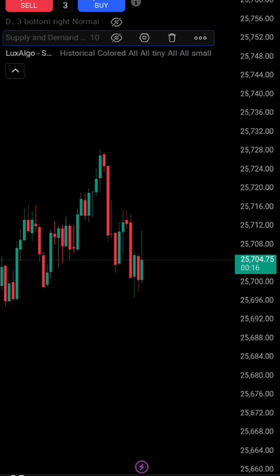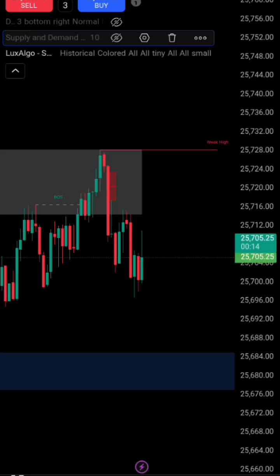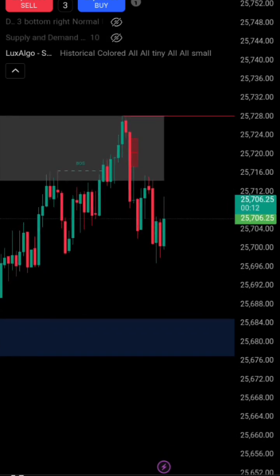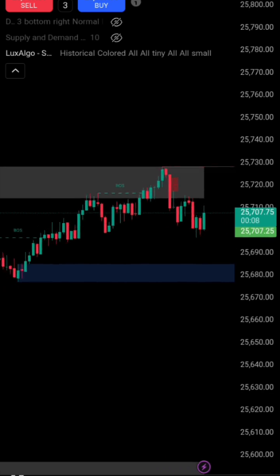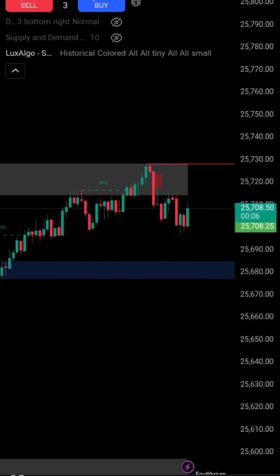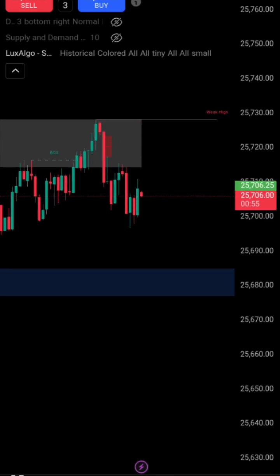The next indicator is going to be Lux Algo Smart Money Concepts. This is one of my favorite indicators that I use along with the DIY. And most of the time, I just normally have these two together. Just a DIY indicator with Smart Money Concepts on Lux Algo.